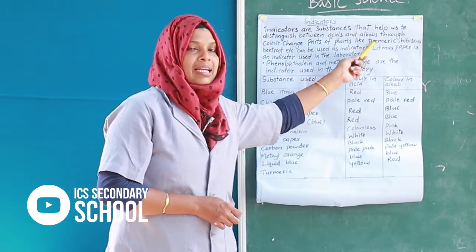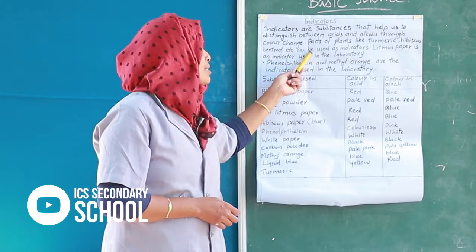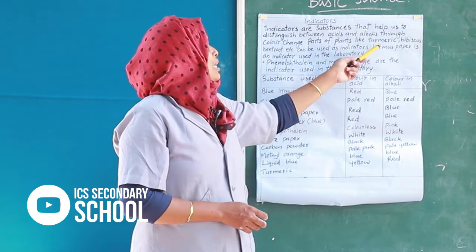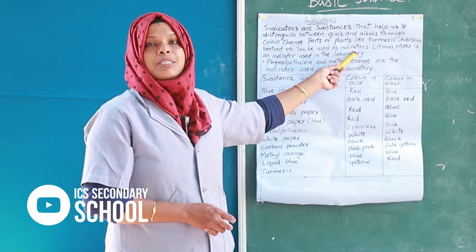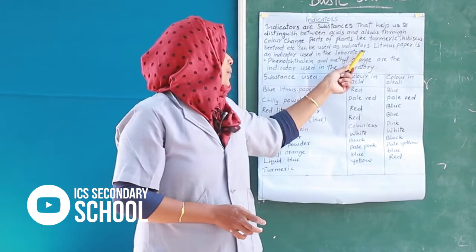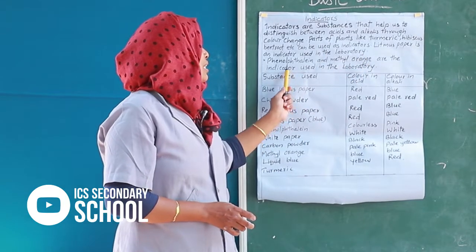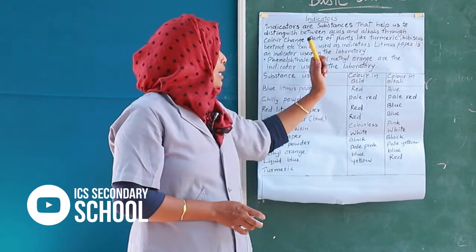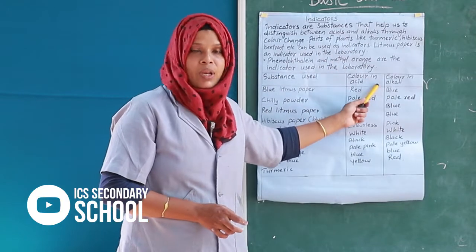Parts of plants like turmeric, hibiscus, beetroot, etc. can be used as an indicator. Litmus paper is an indicator used in the laboratory. And phenolphthalein and methyl orange are indicators used in the laboratory.